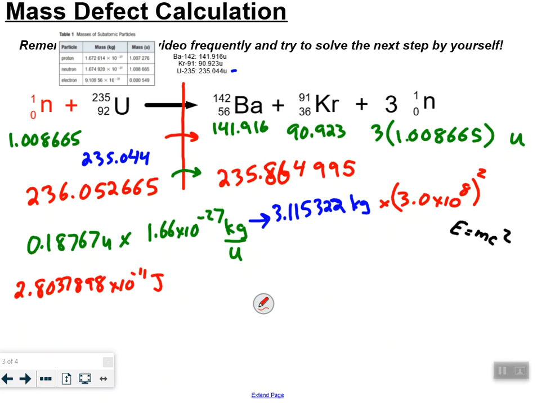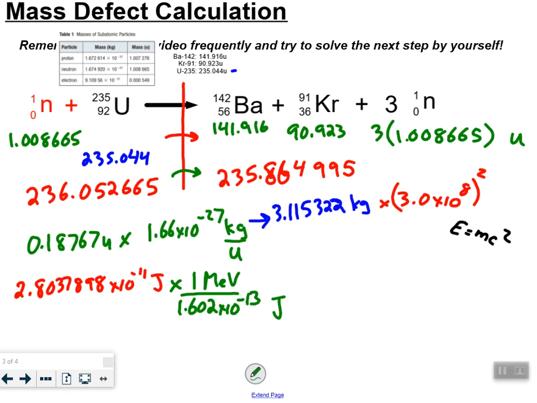But in the textbook, they ask you to do it in mega electron volts, and the conversion for that is times 1 mega electron volt over 1.602 times 10 to the negative 13 joules.